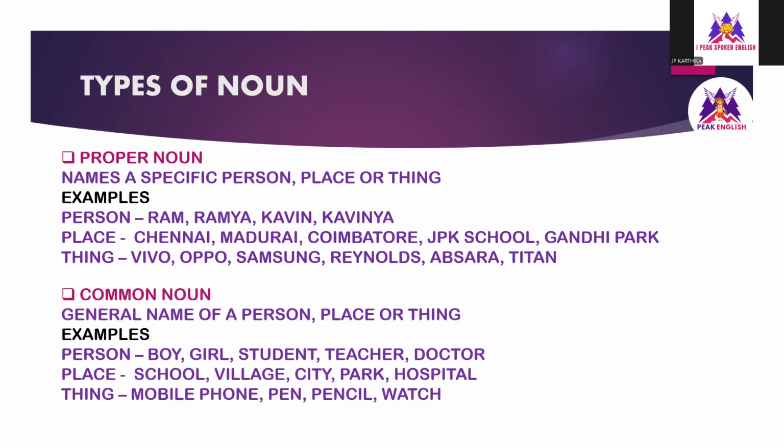Village, again, is a common noun. City, park, hospital, they are all common nouns. And mobile phone, pen, pencil, watch, common nouns. Hope you understand. Proper noun is a specific name for a person, place, or thing. General name is common noun.